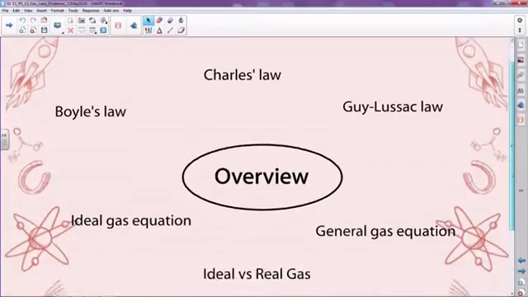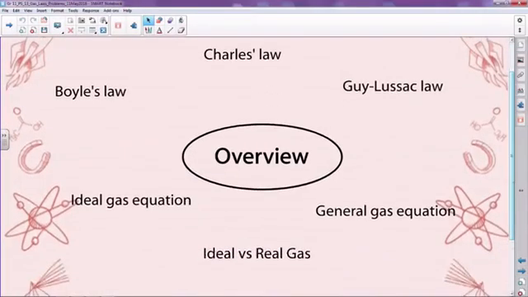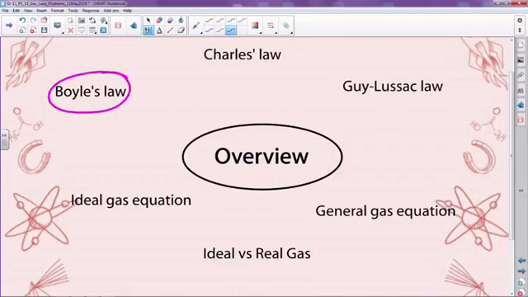Instead of giving you terminology today, I've given us an overview so we can quickly recap what we did last week. I'm going to start with Boyle's law. You should remember that the equation with Boyle's law is P1V1 equals P2V2. This is a relationship that involves pressure and volume.